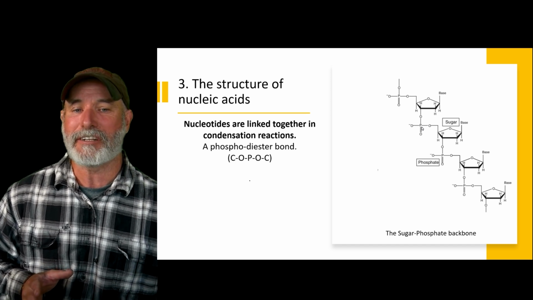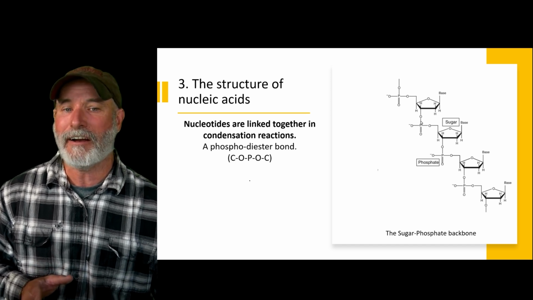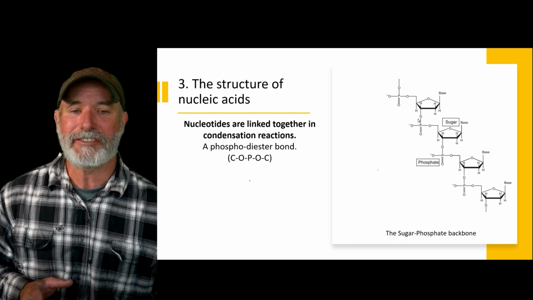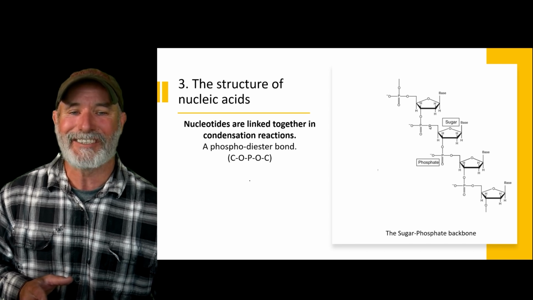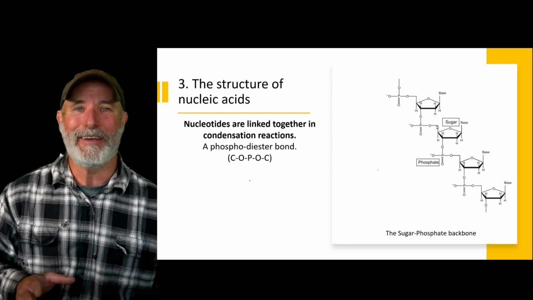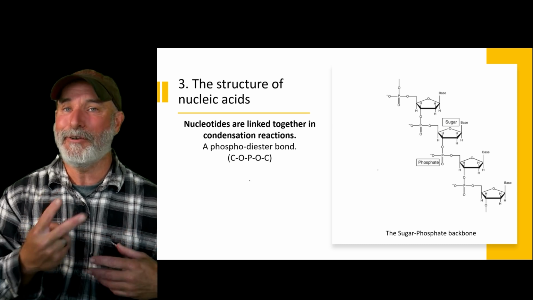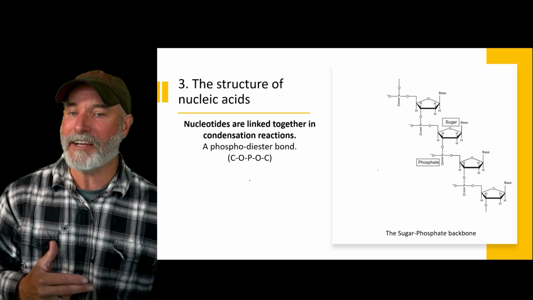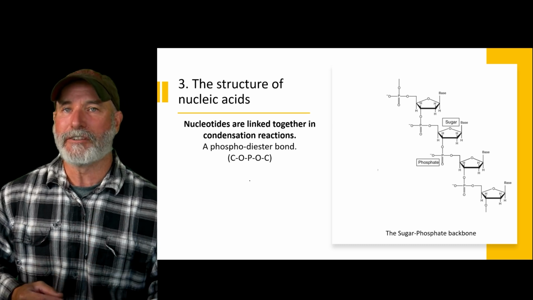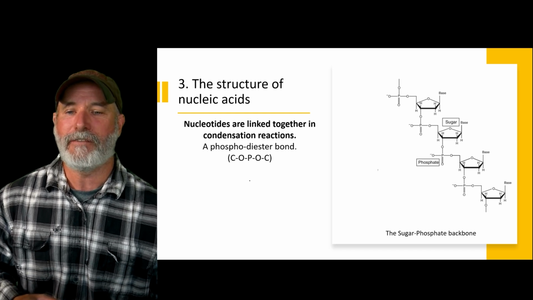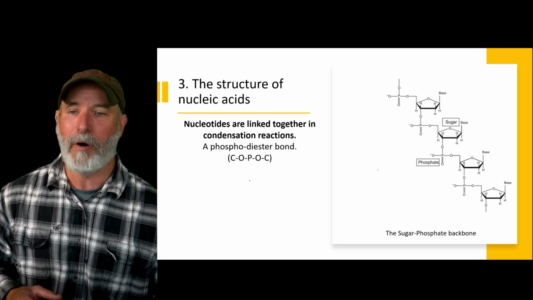That's an ester, but it's got a phosphorus instead of another carbon in there. So that's a phosphoester. And then it goes carbon, oxygen, phosphorus, oxygen, carbon, COPOC. So it's 2 ester bonds, hence diester. And because there's a phosphorus in there rather than a carbon, it is a phosphodiester bond.